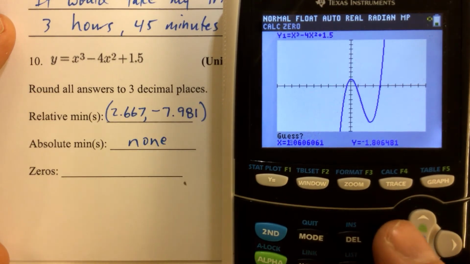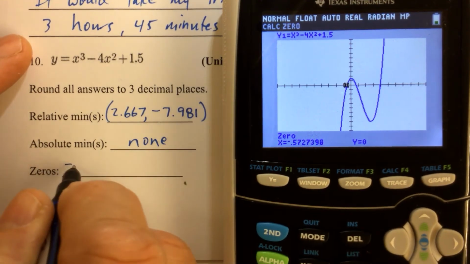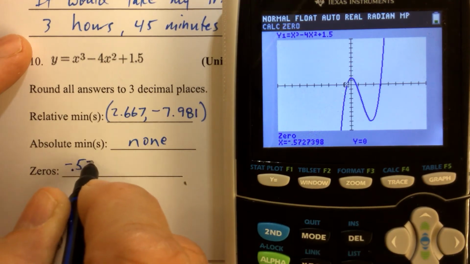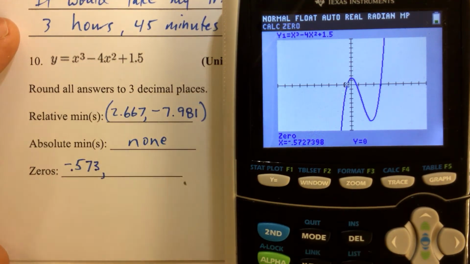Then just move the guess close to the first zero, and we can see we have negative 0.573. I'm going to list them not as coordinates, but just as zeros, as numbers.